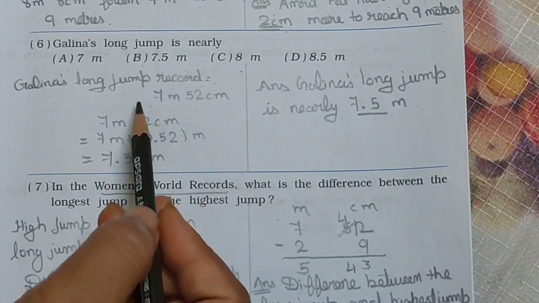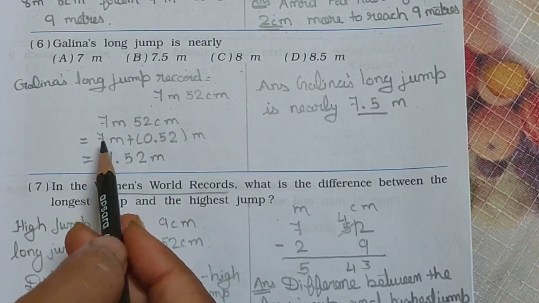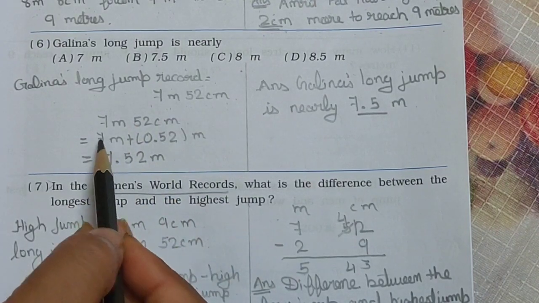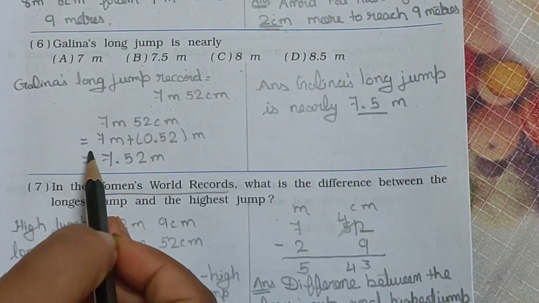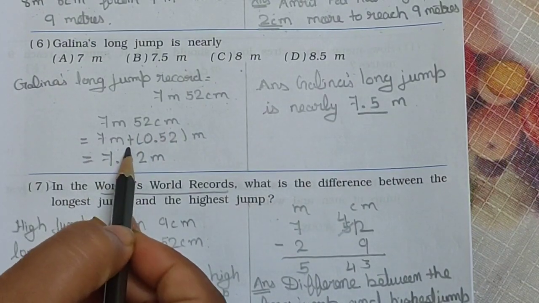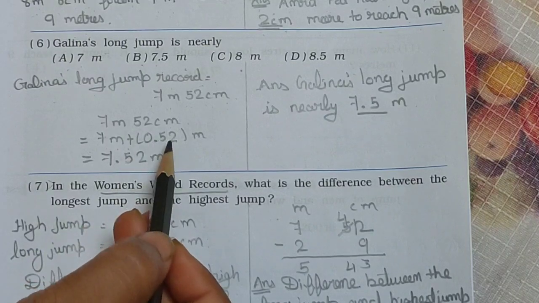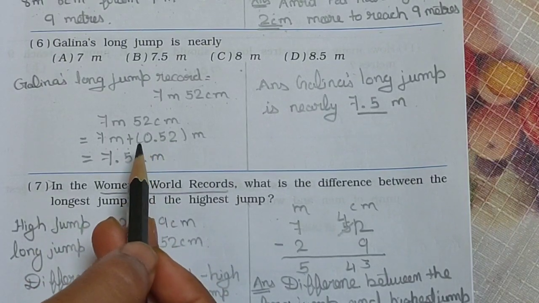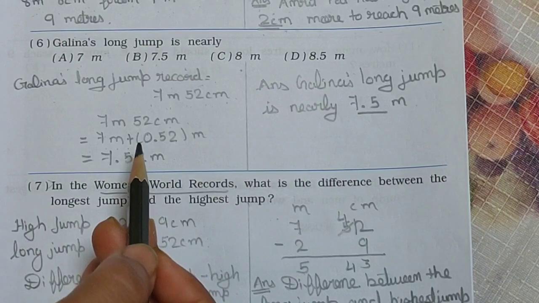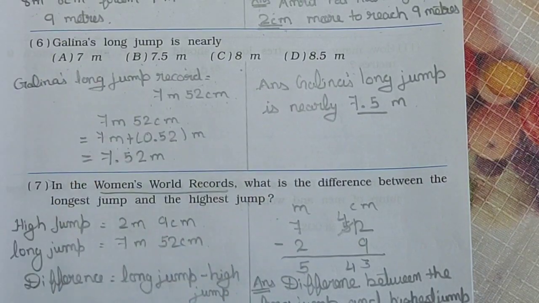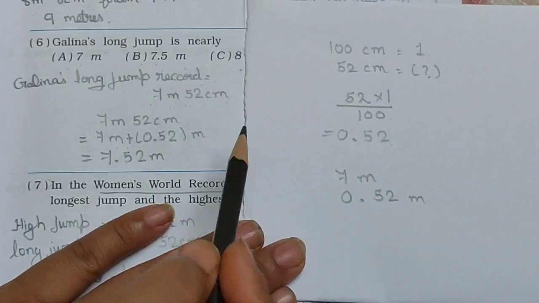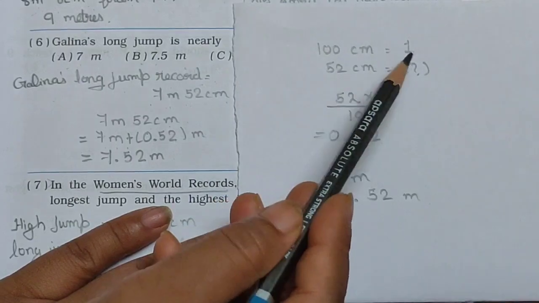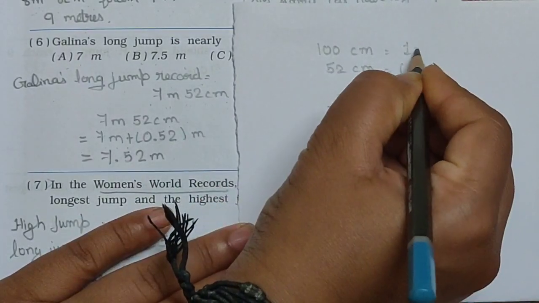So we have to find this answer. We have to do calculations here. So see, here I have written 7 meter 52 centimeter, which is equal to 7 meter plus 52 centimeters, is given, no? So see, in the rough work, 1 meter is equal to 100 centimeter.